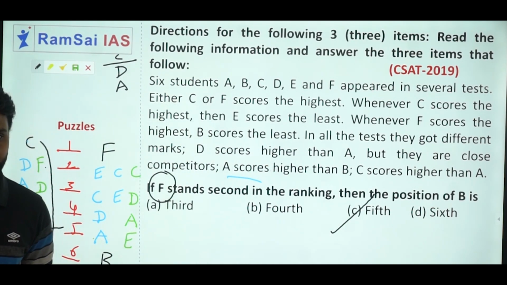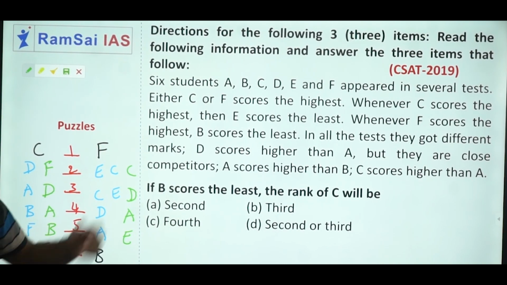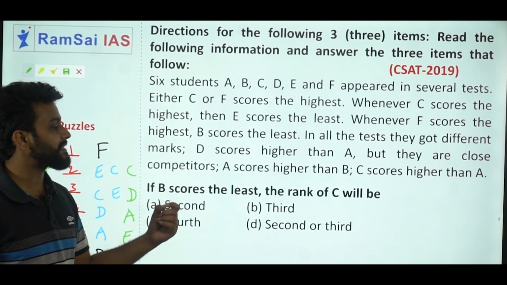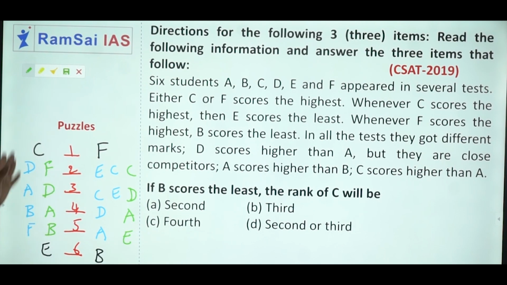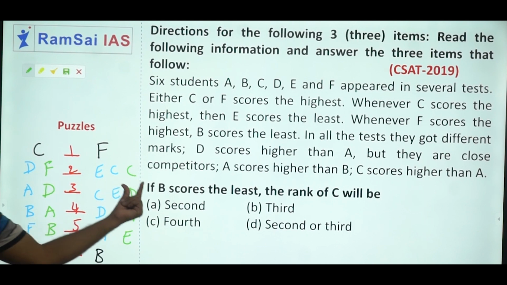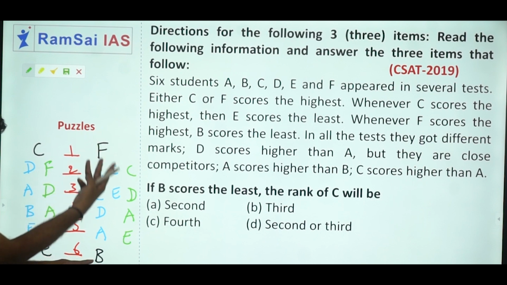It's very simple, right? And for the second question, with the same output, we are going to solve it now. If B scores the least, the rank of C will be dash. Now, in which cases out of these 5 do we get B the least? We got B least in these 3 scenarios.